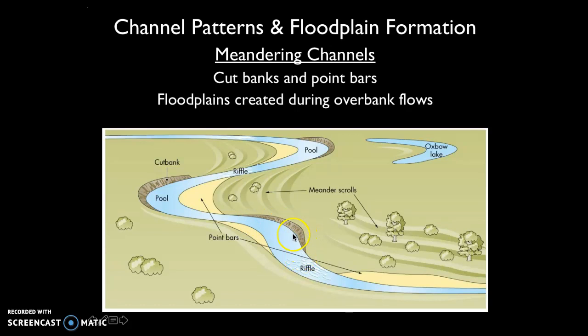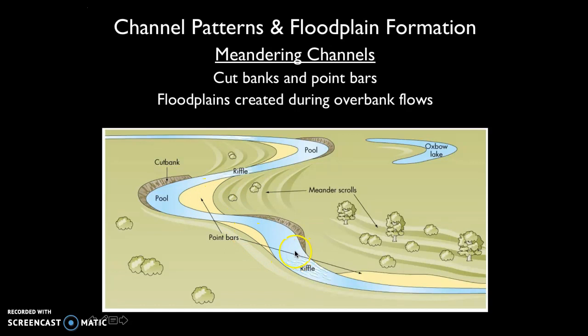This is going to be the cut bank side where the most erosion is occurring. On this side, there's a lot of erosion because the velocity of the river is greatest on this side. And then on the other side of the channel, on the cross-sectional area, there's going to be the greatest amount of deposition because the velocity over here is going to be the lowest. So low velocity, you're going to get a lot of deposition at these point bars.